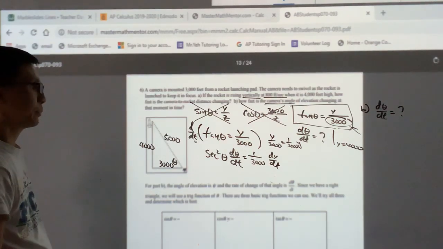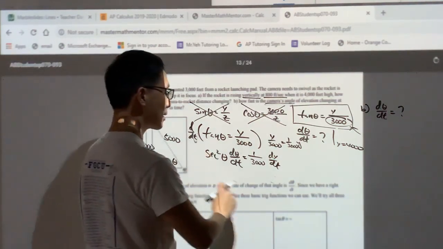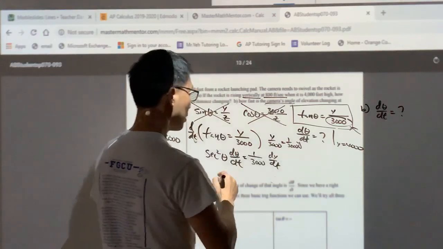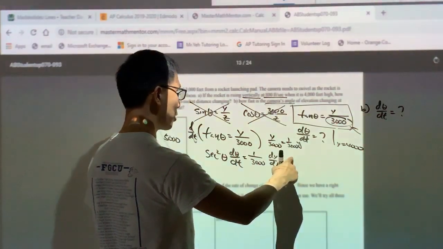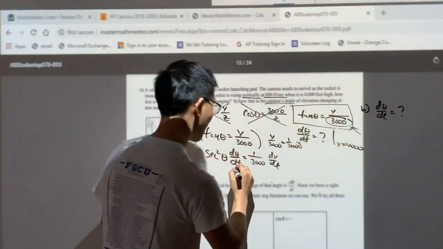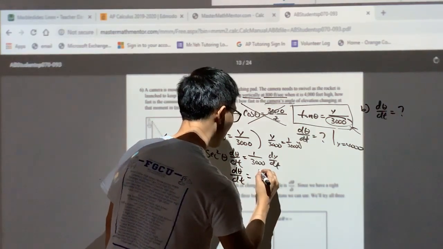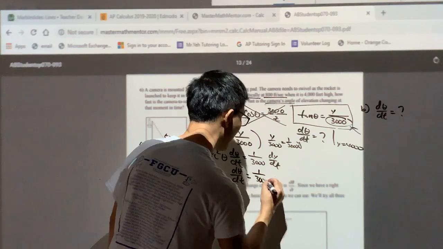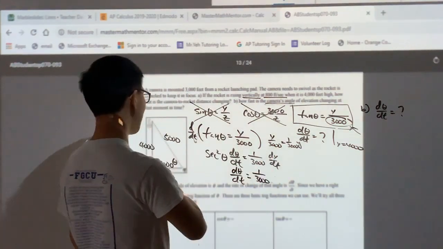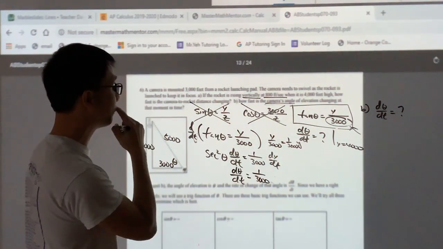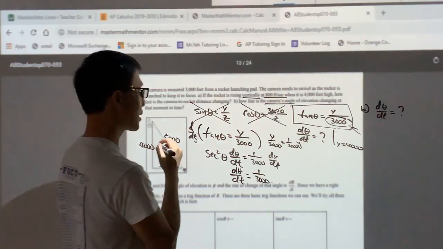Now what I'm going to do is move the secant to the other side. So secant becomes the denominator and it will change into cosine. If I divide by secant on both sides, I'm going to get d theta dt is equal to 1 over 3,000. I'm going to plug in dy dt. dy dt is changing at 800 feet per second.